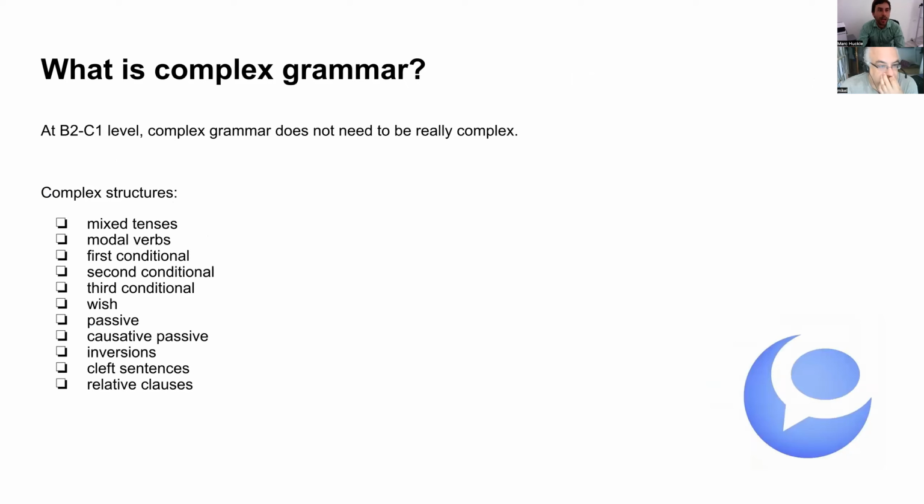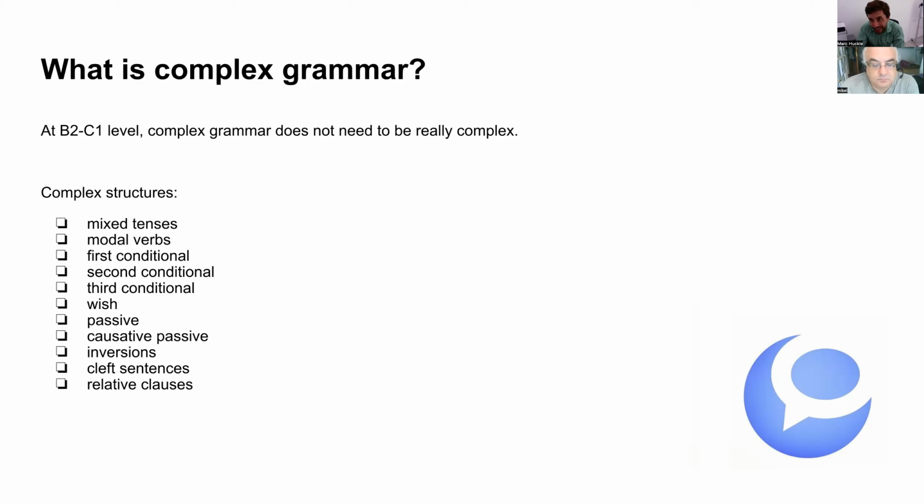To begin, we will look at what is complex grammar. Complex grammar is used at levels B2, C1, C2. For level B1, you only need to attempt to use complex grammar. You don't need to use it well. You need to try to use some, but you don't need to use it well. Level B2, C1, C2, you must. So what are complex structures?